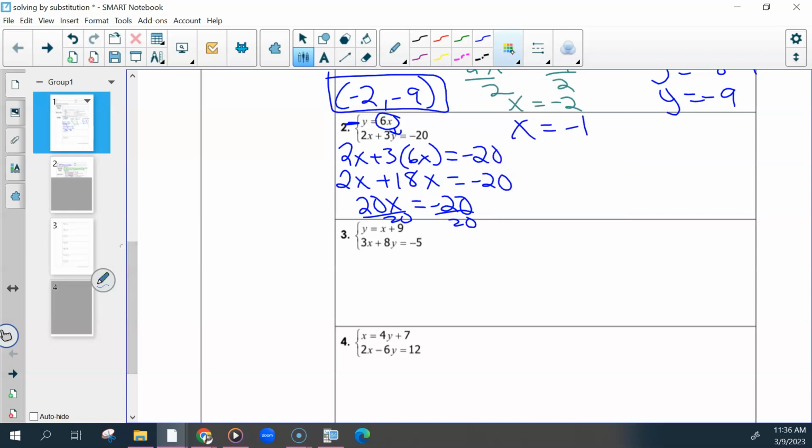As we did for the first one, you could put it into either one, but since the first one's already solved for y, I would use that one. That would be my go-to. If you put it into this one, you'll just have to solve a little bit more. It'll be a little bit more work. So what's our y value? Negative 6. Negative 6. Or is it x equals negative 1? So then how would we write our answer?